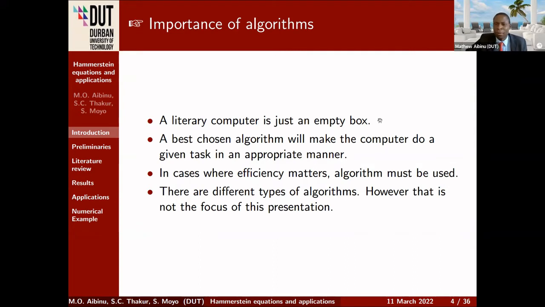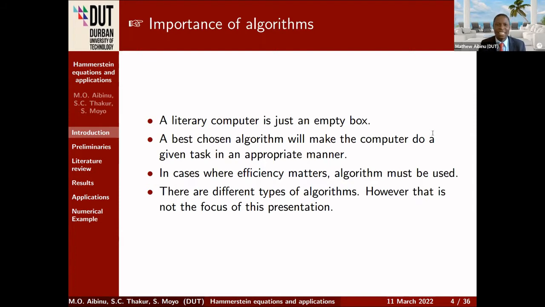Literally, a computer is just an empty box. It cannot do the computation on its own. But the outcome that comes out is due to an algorithm which has been worked on and produced either by a scientist or by a mathematician. A best chosen algorithm will make the computer do a given task in an appropriate manner.